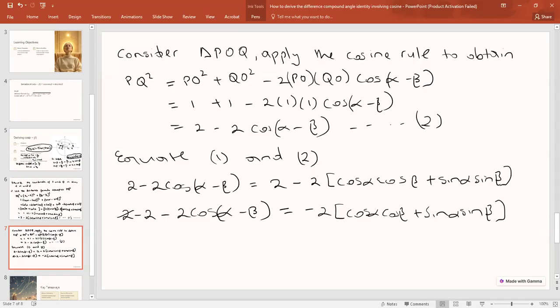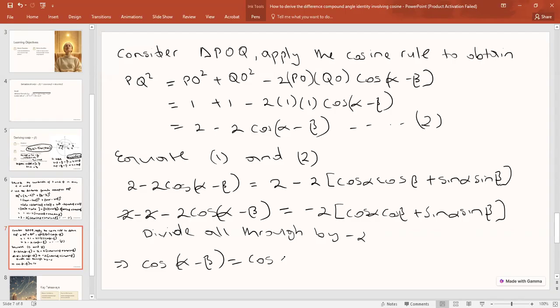We cancel the 2s, so we have minus 2 cosine of alpha minus beta equals minus 2 times the bracket cosine of alpha times cosine of beta plus sine of alpha times sine of beta. We divide all through by minus 2. We're now going to obtain cosine of alpha minus beta equals cosine of alpha times cosine of beta plus sine of alpha times sine of beta.